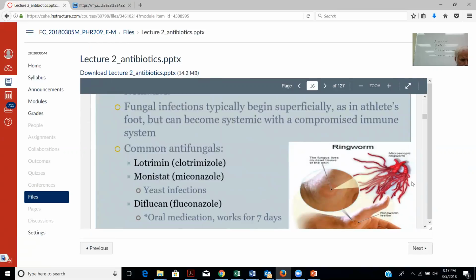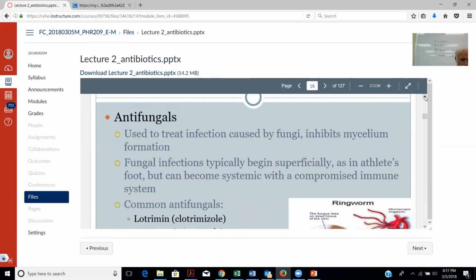So in terms of anti-infective drugs, we have a large number of antifungals, systemic, topical, and even injectable, although we don't generally need them.